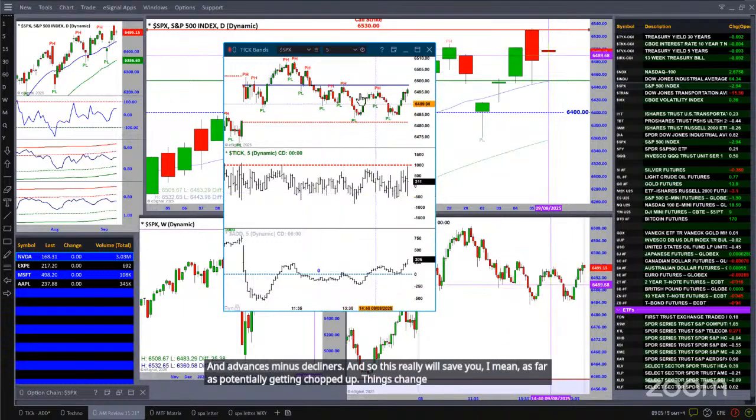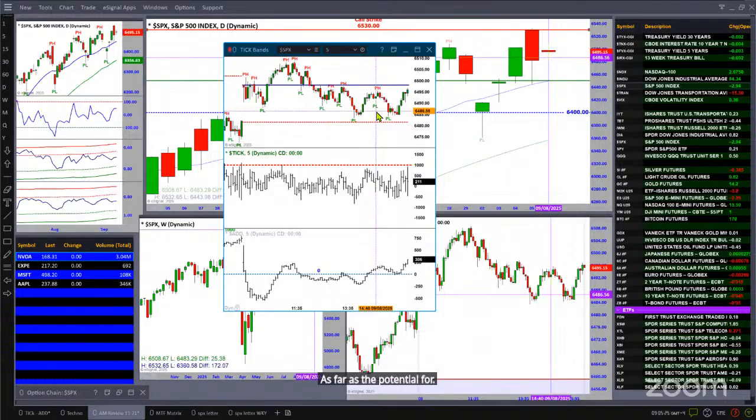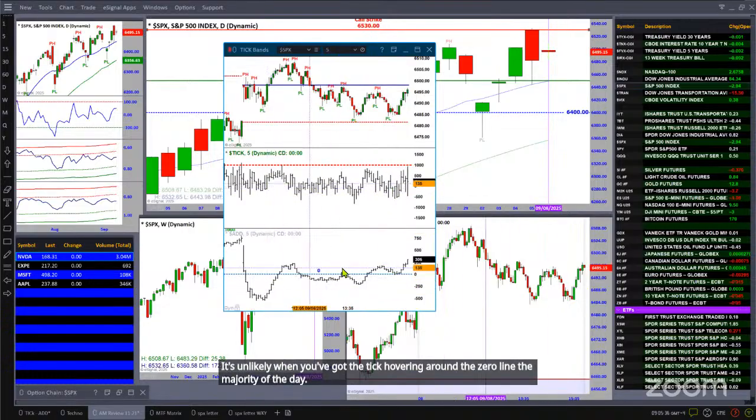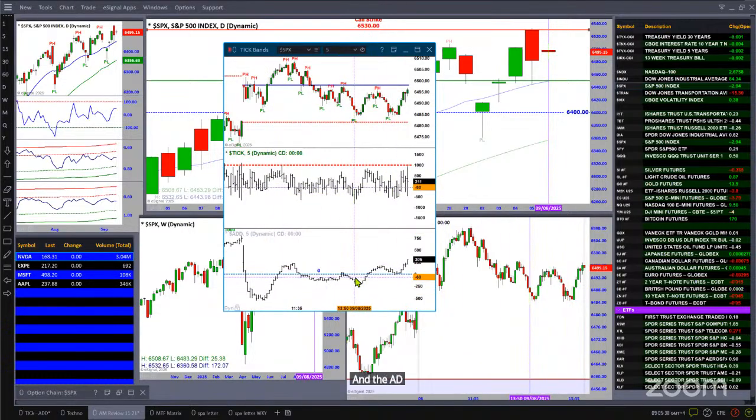And you can see I've got SPX in here, but as far as the potential for a really good trending day, it's unlikely when you've got the tick hovering around the zero line the majority of the day, and the AD line correspondingly around the zero line.